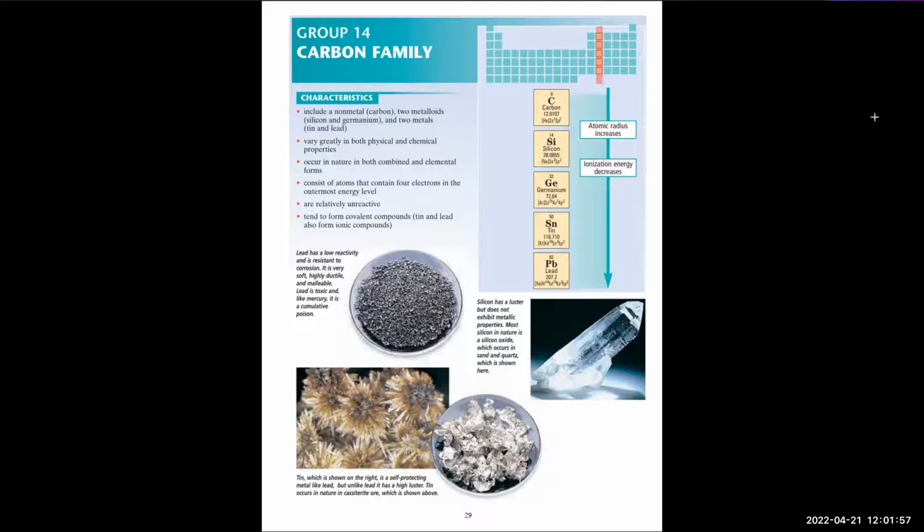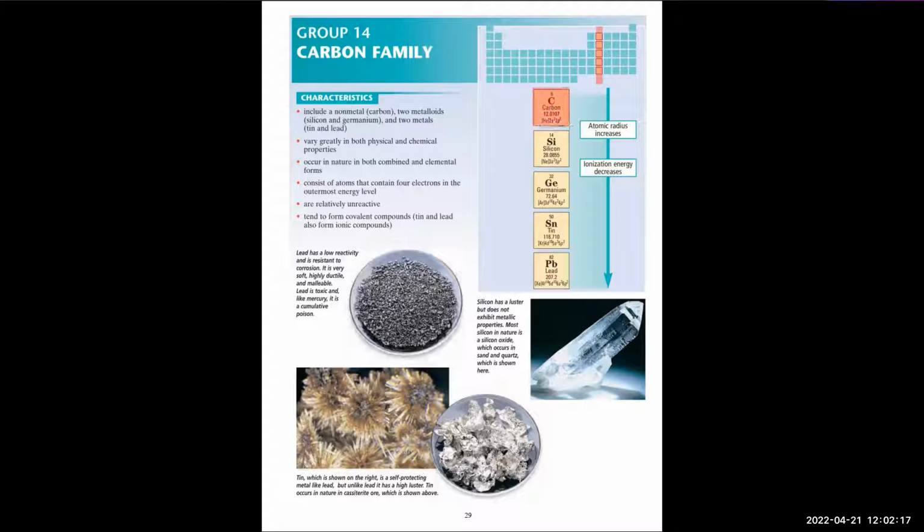Take a look. The carbon family involves all the elements that are below carbon, which are silicon, germanium, tin, and lead. Okay, but this group is like a mixture. We have carbon, that is a non-metal.